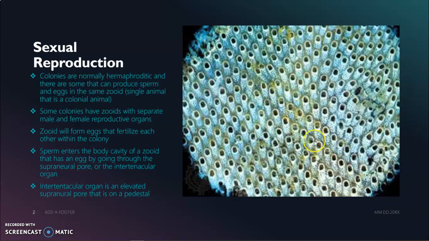Okay, so I've got a nice little picture. You can kind of see each of these, I don't know if you guys can see my pointer, are zooids, each their own little block. Okay, on to the next slide.